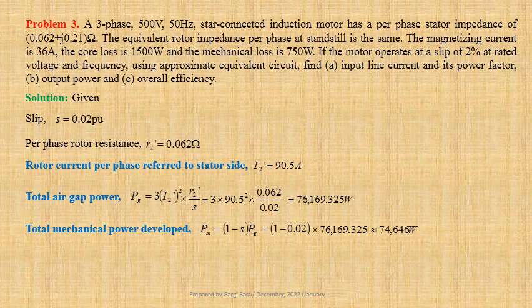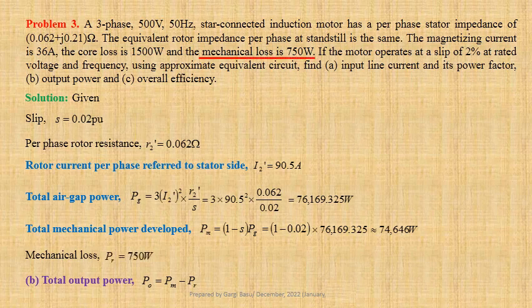Let us now determine total output power. PO equals PM minus PR. Given mechanical loss, PR equals 750 watts. Therefore, PO equals 74,646 minus 750, that is equal to 73,896 watts.